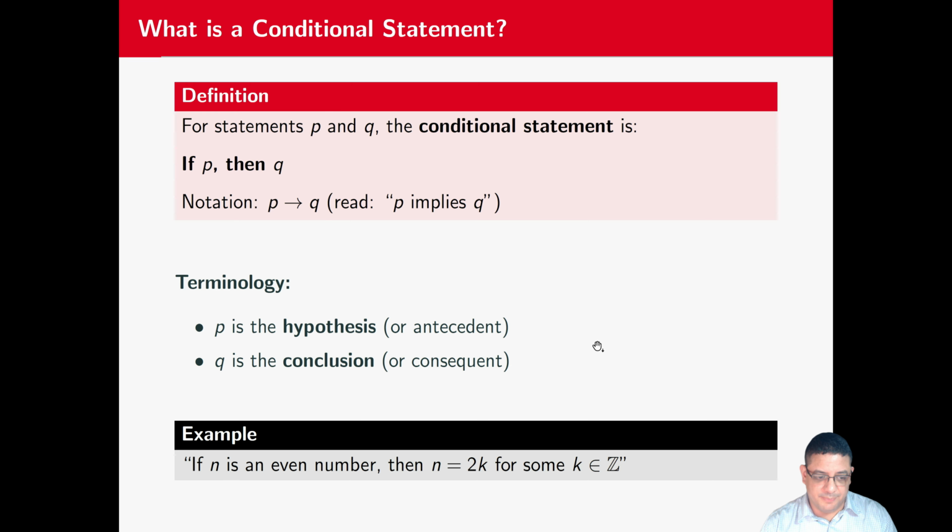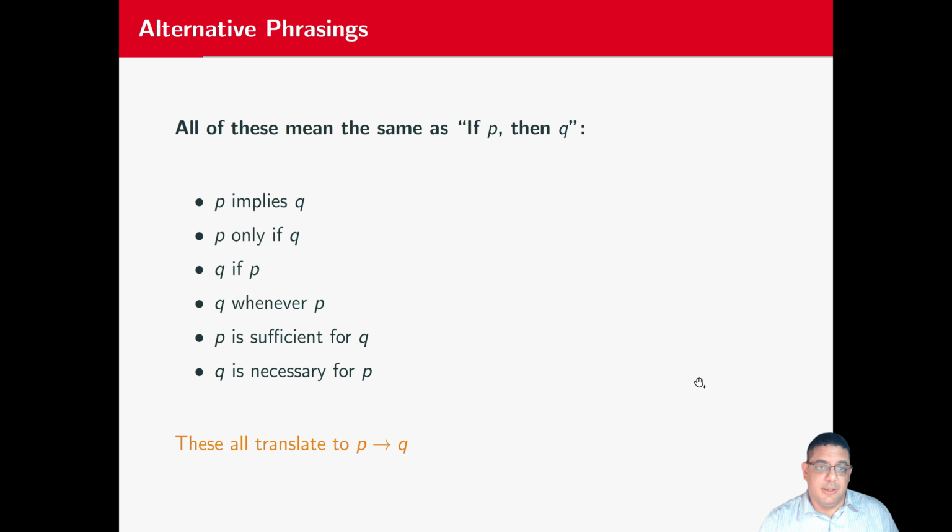One example of this would be: if n is an even number, then n equals 2k for some k that belongs to the integers. Now, all of this means the same thing as if P then Q. We're going to have some alternate phrasing here.